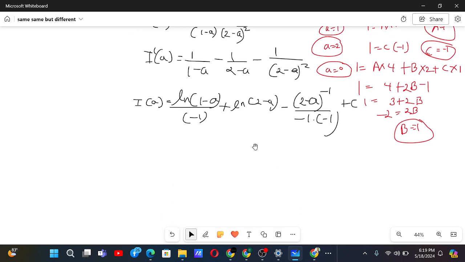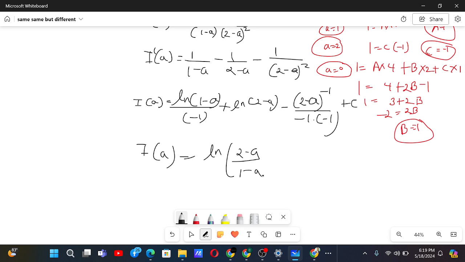So now we can say that I of a is just ln of 2 minus a by 1 minus a, minus 1 by 2 minus a, and then plus c. Yes. Now we need to find c.